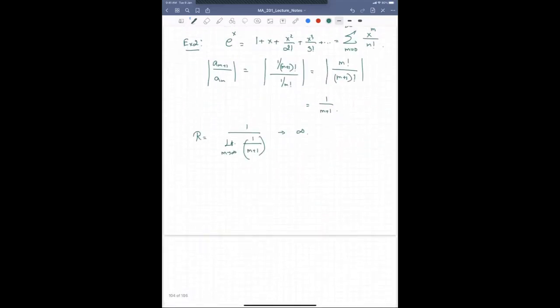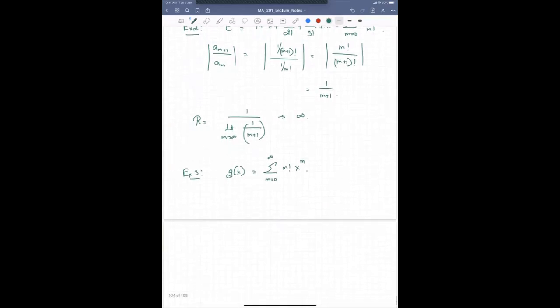Suppose I construct a series that is completely opposite. For example, if I look at a series like some g of x, instead of the m factorial appearing in the denominator, suppose I put the m factorial in the numerator. Now, if I apply the ratio test, what will I get? In this case, a_(m+1) over a_m would be (m plus 1) factorial divided by m factorial, which will be m plus 1.